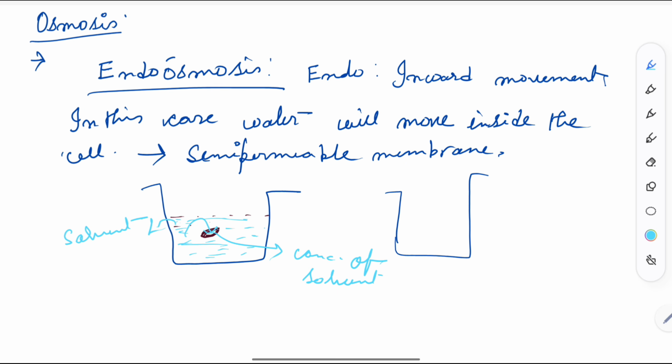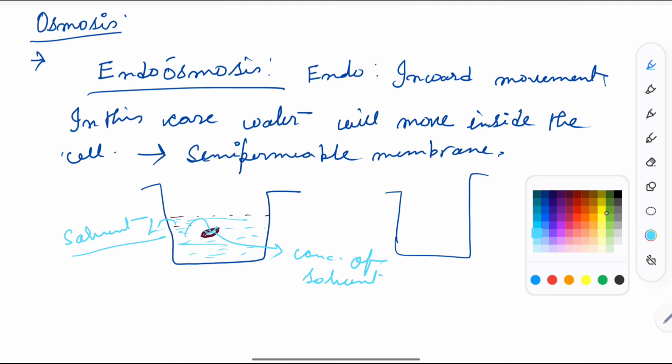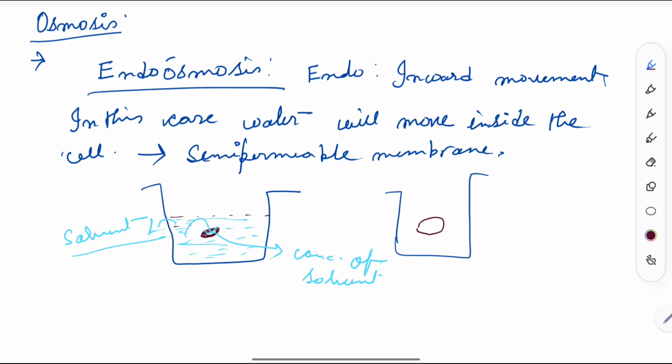As I have said, in osmosis there is movement of solvent molecule from higher concentration to lower concentration. Inside the resin, the concentration of solvent molecule is less, and outside the resin, the concentration of solvent molecule is high. So what will happen? The water will move inside the resin. As a result, what we will see? We will see that the resin will become turgid.